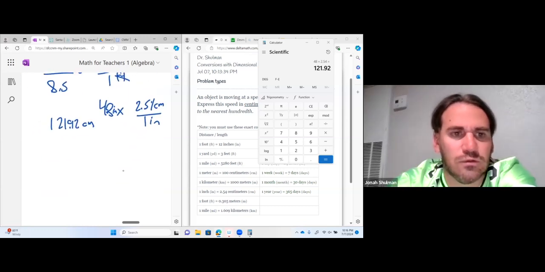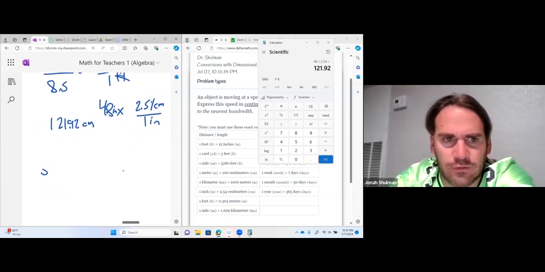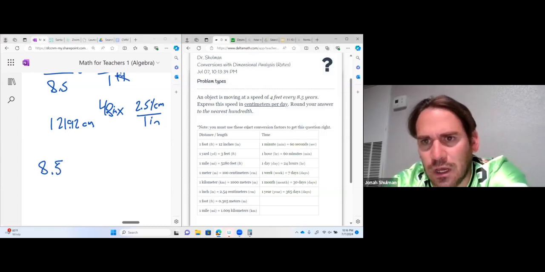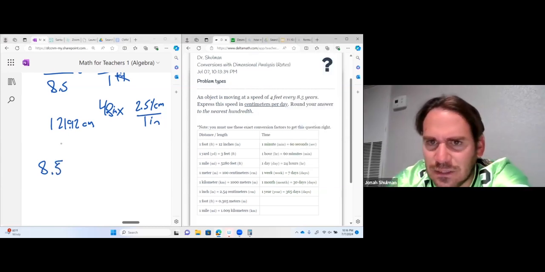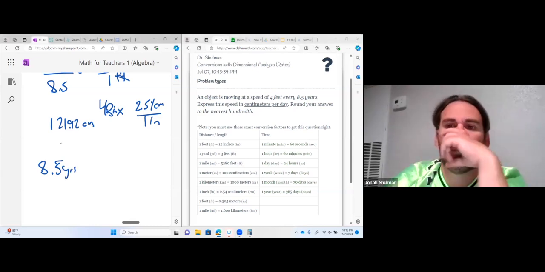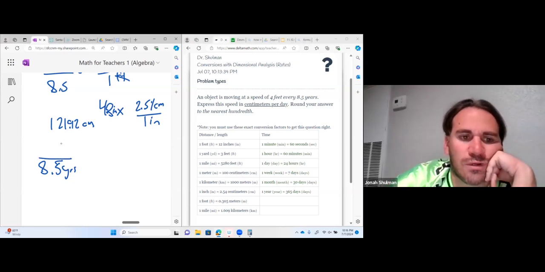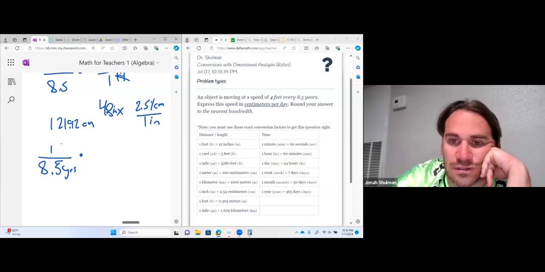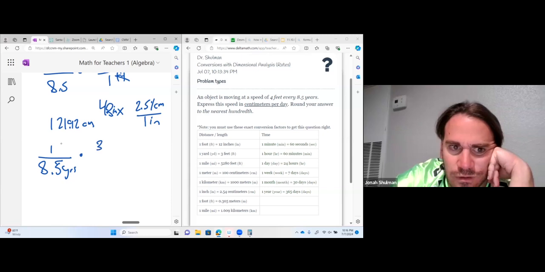Now all I have to do is deal with the 8.5 years, but remember this is on the bottom, right? We still want to take the years and turn this into days. We just have to remember it's on the bottom the whole time. So I want to make this days, so I have to put years on the top. How many days in a year? Well, it's 365.